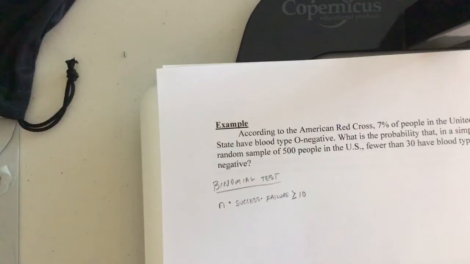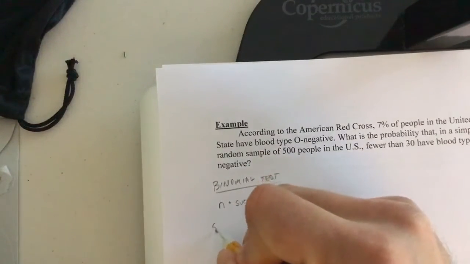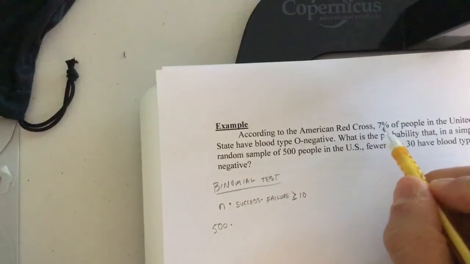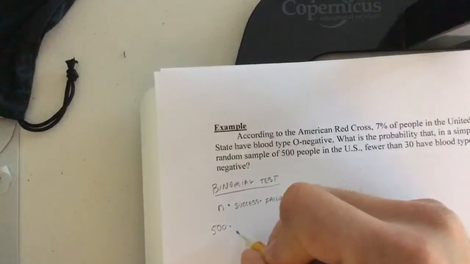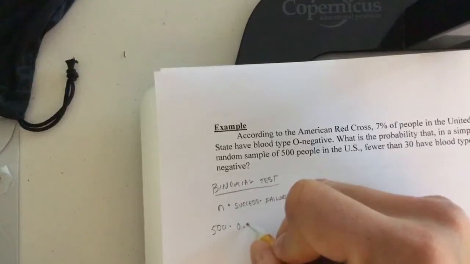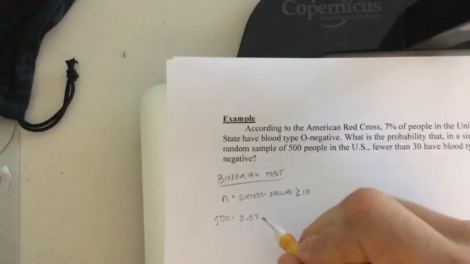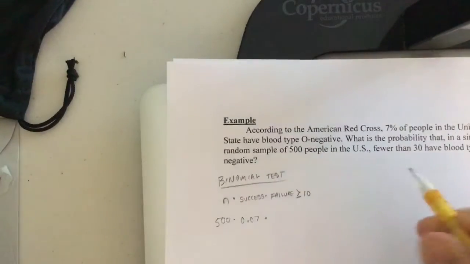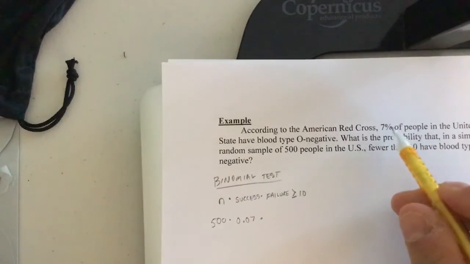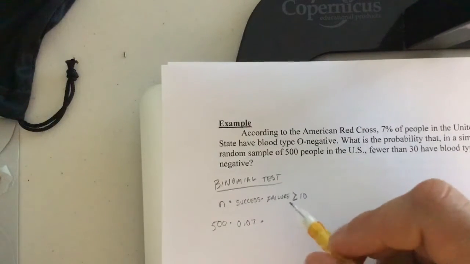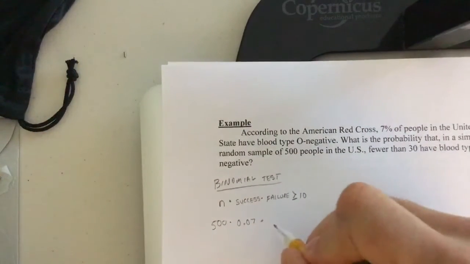So our N value, unless I'm misreading this, is 500 trials. Success, the way this problem's written, success is 7%. As a decimal, 7% is 0.07. If our success is 7%, that means we have 93% failure, because we subtract that 7 from 100 to get 93%.